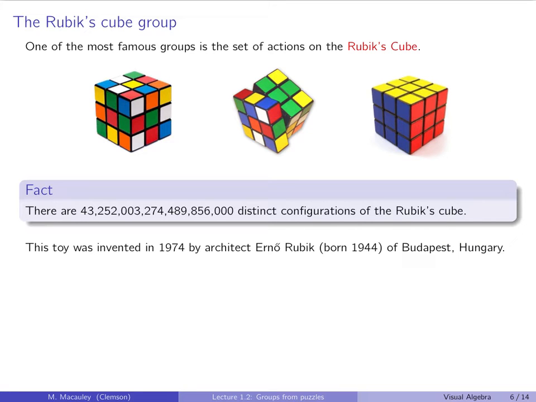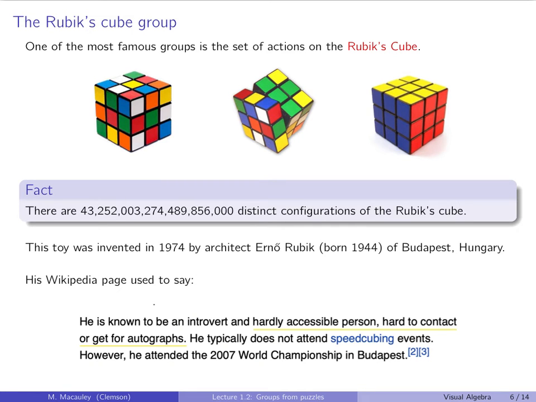This is a toy that was invented in 1974 by an architect named Erno Rubik in Budapest, Hungary. His Wikipedia used to say, it no longer does, I brought this up with the Wayback Machine, that Rubik is known to be an introvert and hardly accessible person, hard to contact or get for autographs.